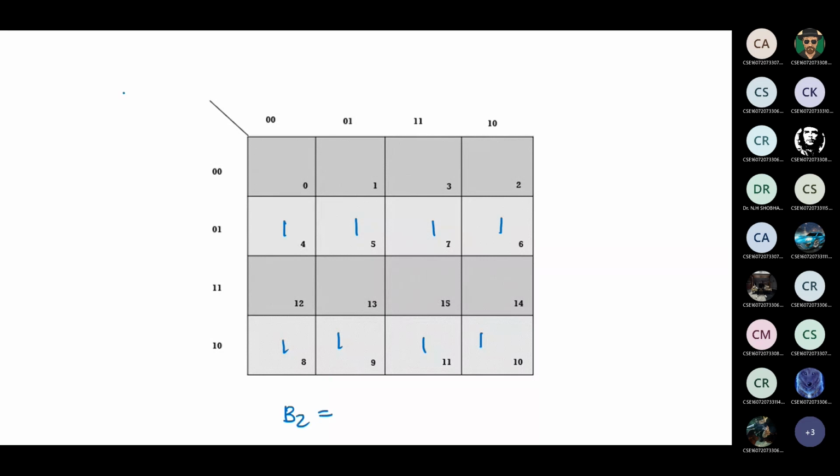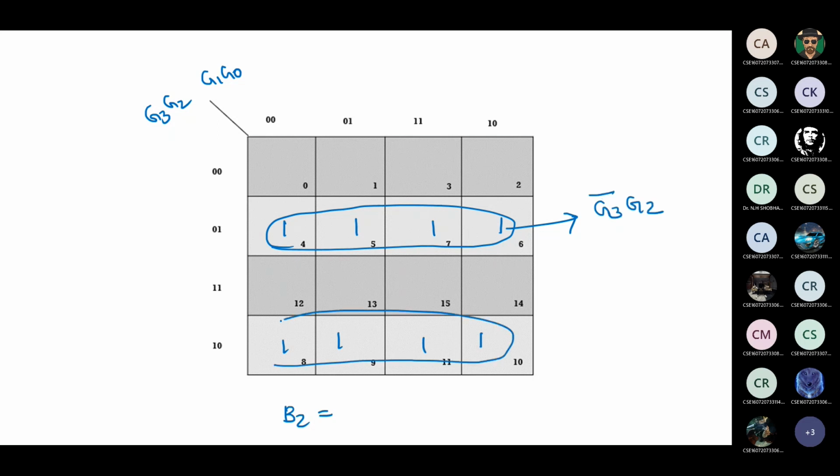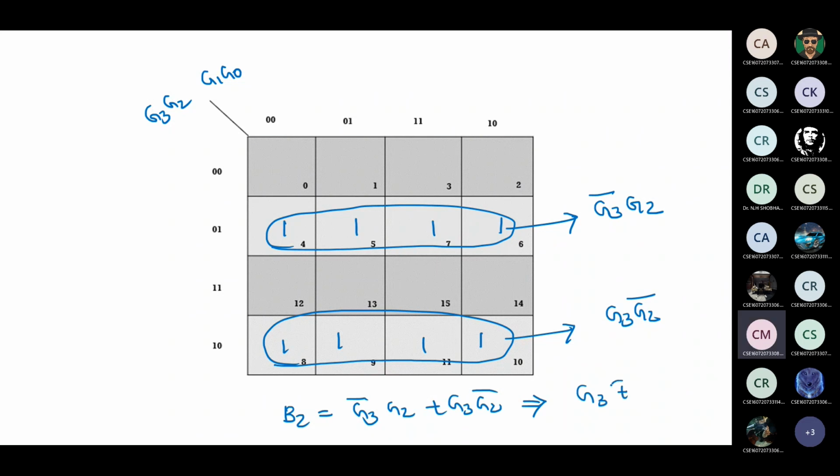How many groupings? 2 quads. Correct. Answer for first quad is G3 bar G2. For this, G3, G2 bar. So final answer for B2 can be written as G3 bar G2 plus G3 G2 bar, which is G3 XOR with G2.